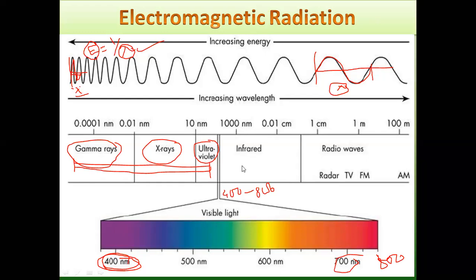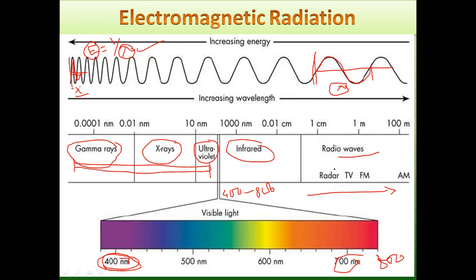But if you move from the visible region to the right hand side direction, we can see infrared, then microwave, radio wave. All these radiations have a larger wavelength. Wavelength is larger, so that's why their energy is smaller. And this lower energy radiation cannot damage our eyes.